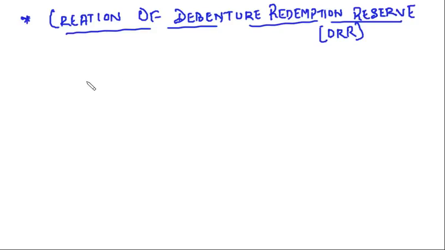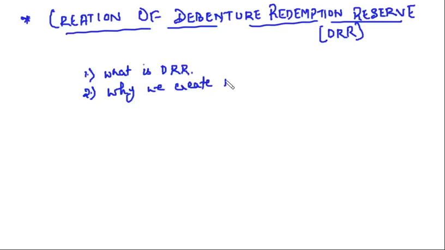Now, in debenture redemption reserve, we are going to answer three questions. One is, what is DRR? Second is, why do we create DRR? And third is, how to create DRR, right?